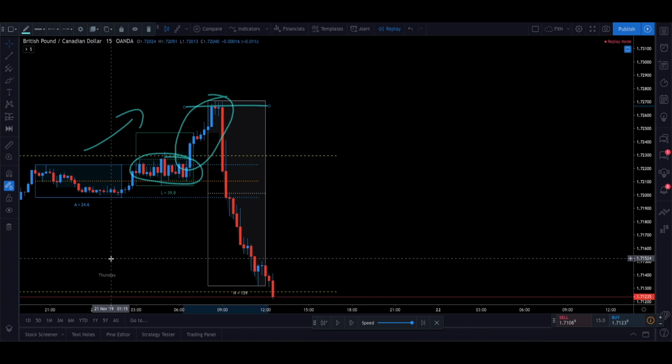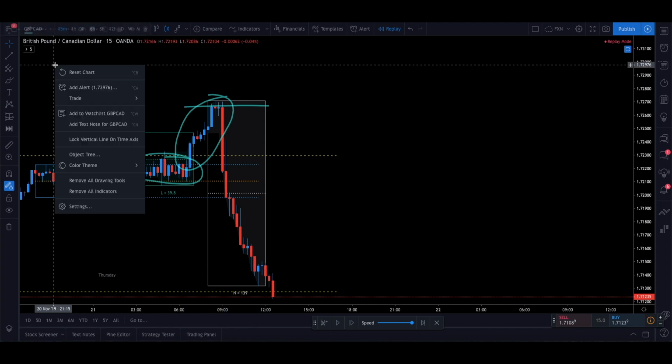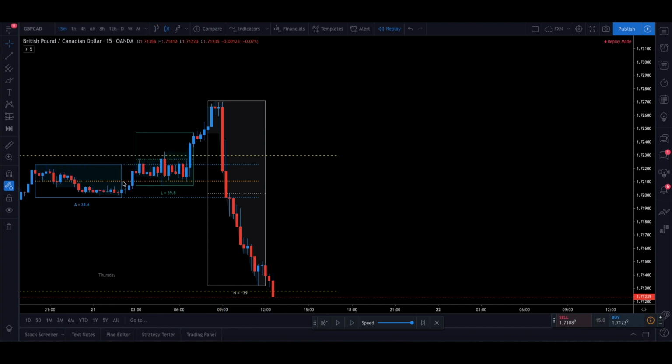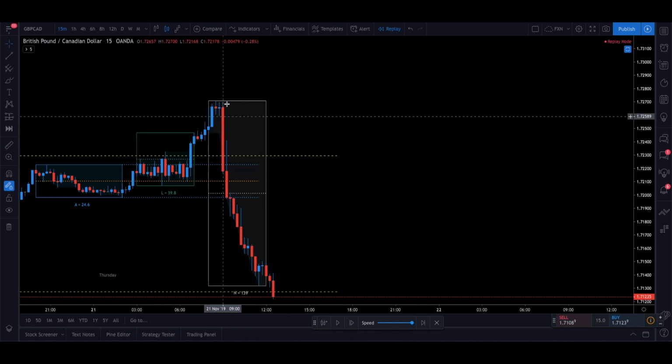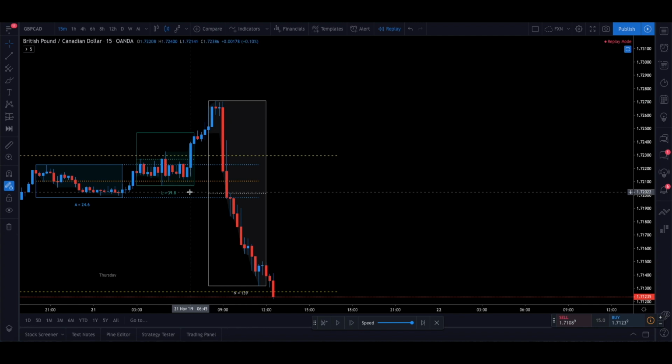You see that? So, one of the key things is this. If you see this happening, and they're doing nothing but moving sideways, sideways, sideways, they're not going anywhere. Let it go. Let them show you what they're actually doing.